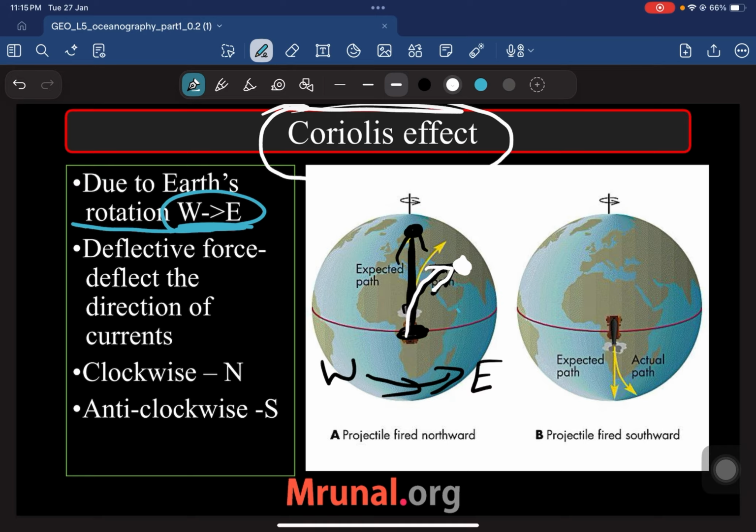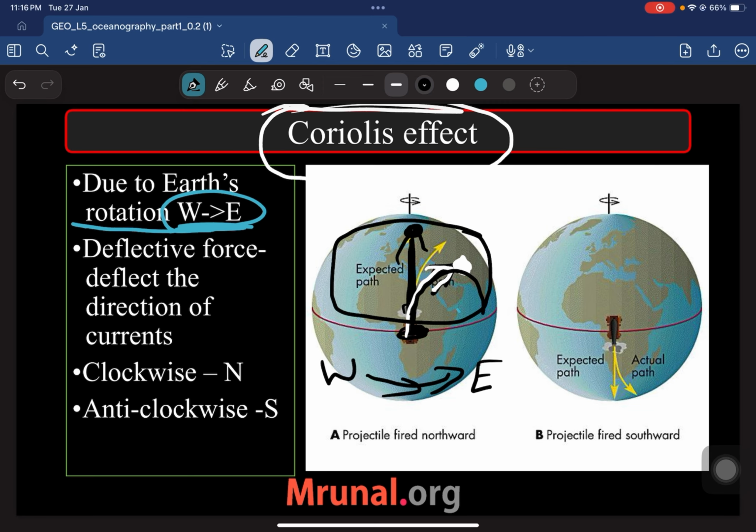This is the northern hemisphere, right? In the northern hemisphere, it will deflect clockwise. Clockwise deflection means like this. Wait, I will show.